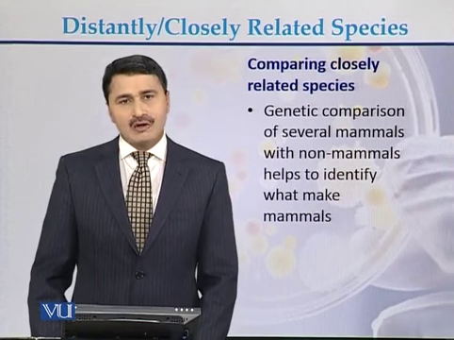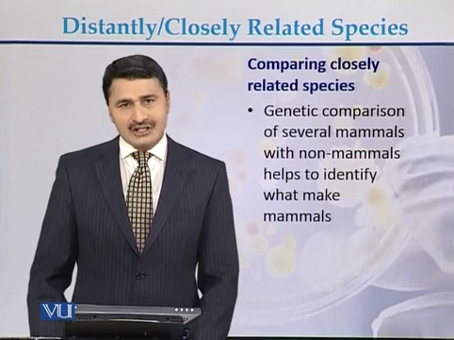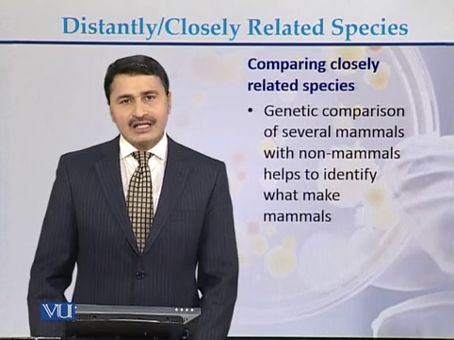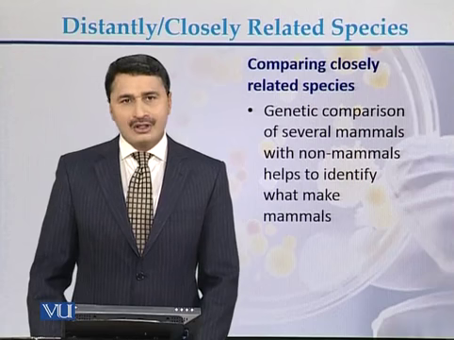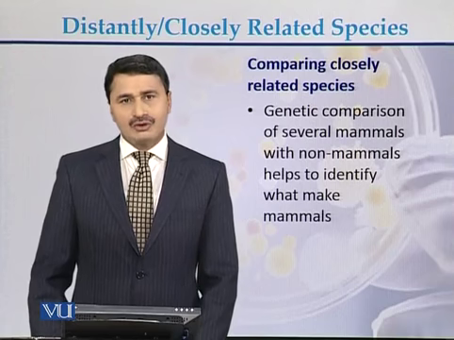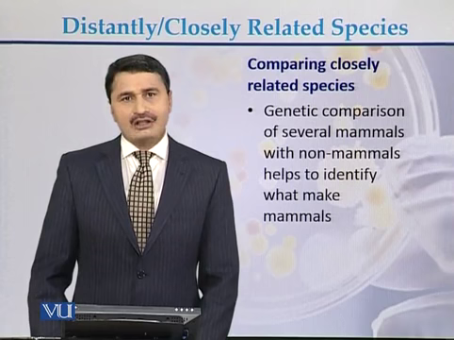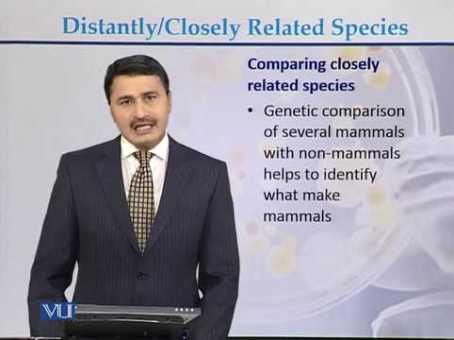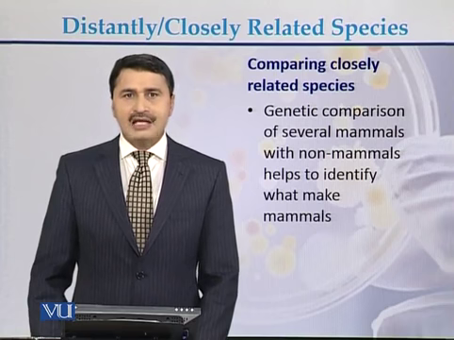If we do the comparison at the DNA level, we can identify the difference between the genomes of mammals and non-mammals. With the help of those genes or the genetic makeup, we can differentiate what difference in the DNA and the genome makes a mammal and a non-mammal.